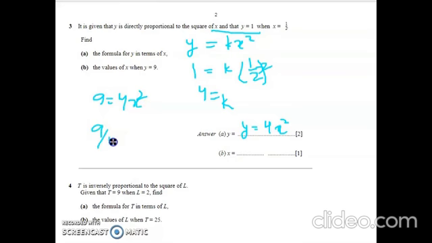This would become 9 upon 4 is equal to X square. And then we will put an under root over here. Now see, it says values. Why? Because when we put under root, we put a plus minus over here. Please do not forget this. So this will be positive and negative 1.5. So this is my answer.